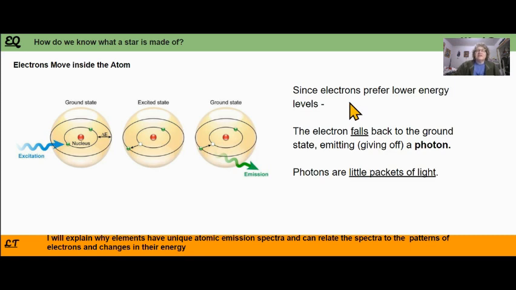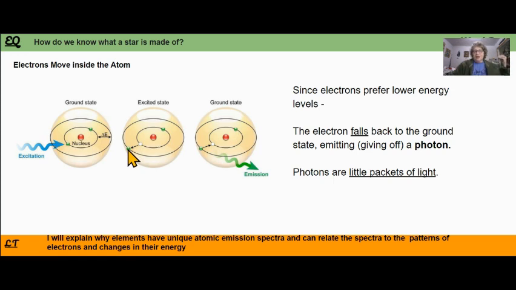Okay. Since electrons prefer lower energy levels, the electron is then going to fall back to the ground state. And in that case, it has to give off or emit energy, which in this case is in the form of a photon. And the photons are like these little packets of light. Okay. So somehow energy comes in and gets this electron all excited, and it jumps up to another shell, right?